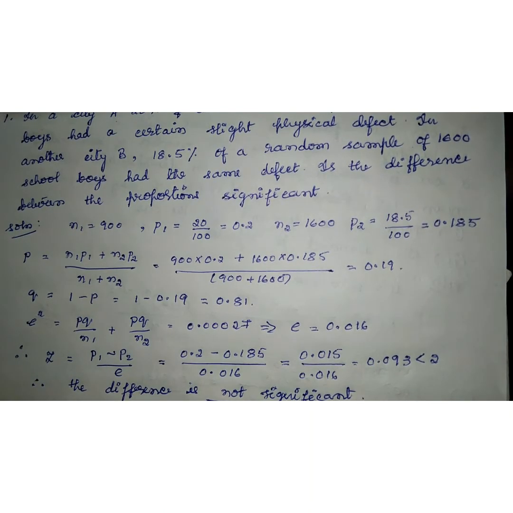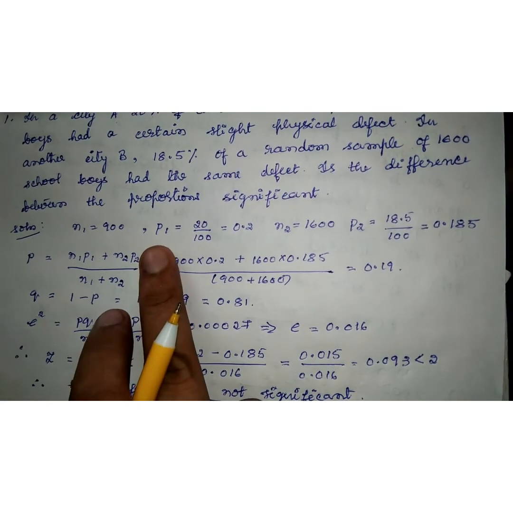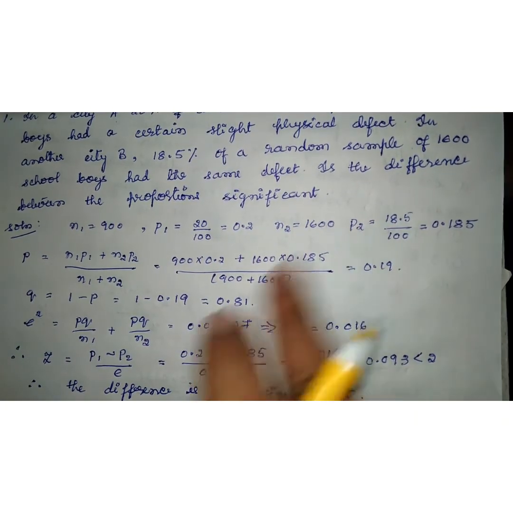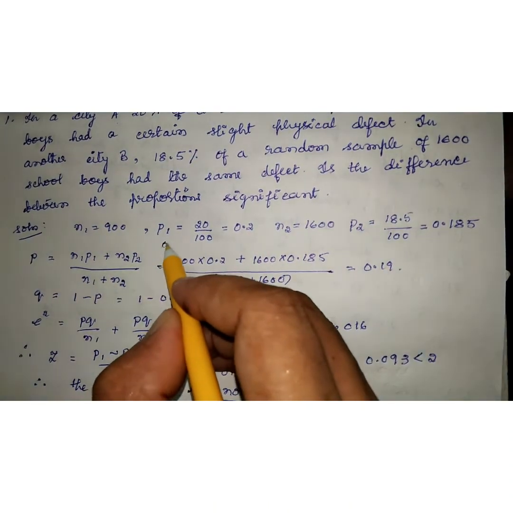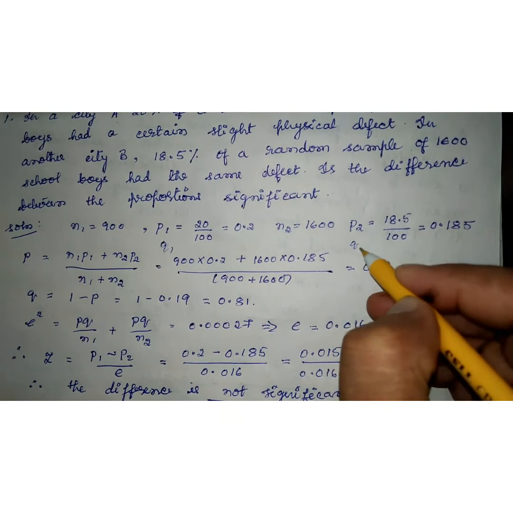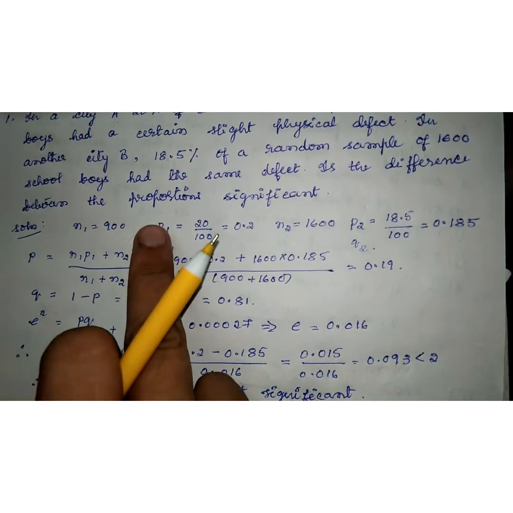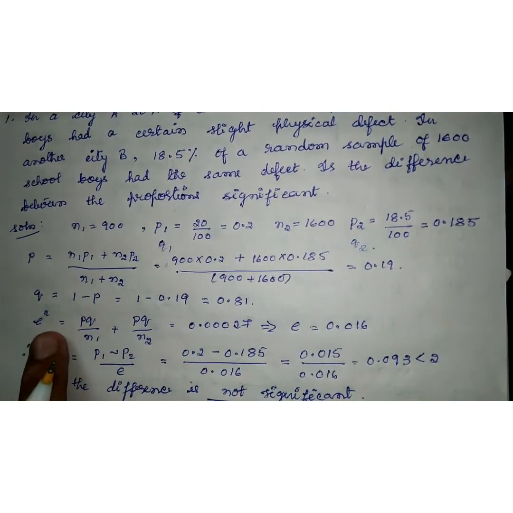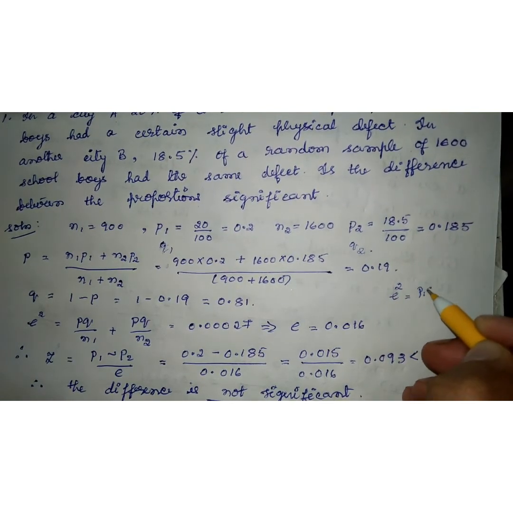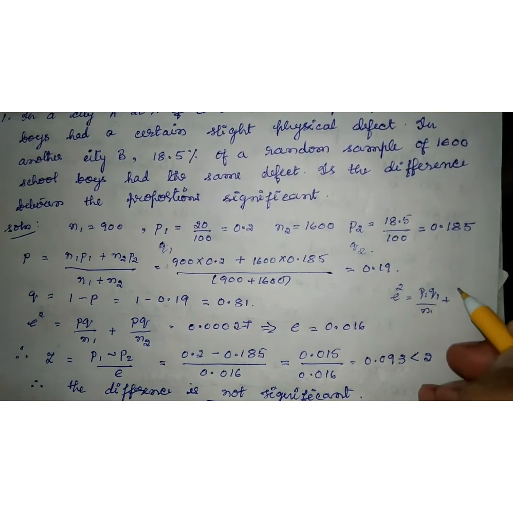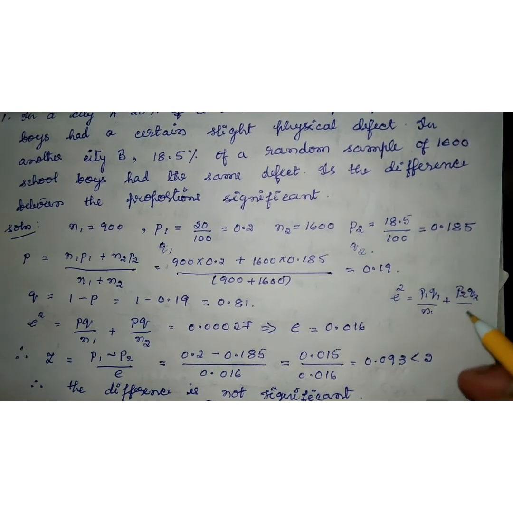We can use the other formula to solve the same problem, which is an alternative way of solving it. Here you have the p1 and p2 values, so you can find the respective q1 and q2. Then substituting p1 q1, p2 q2, we have the other formula, E square equal to p1 q1 by n1 plus p2 q2 by n2.